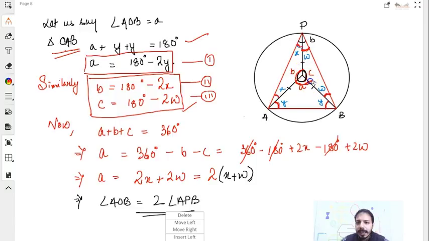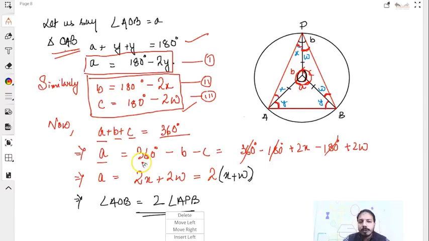You see this A, B, C forms a complete angle here, which is 360 degrees. So I can write that A plus B plus C is a complete angle, that is 360 degrees.